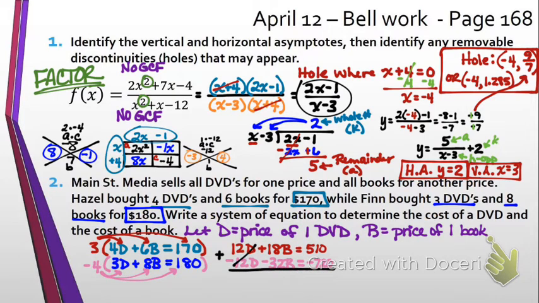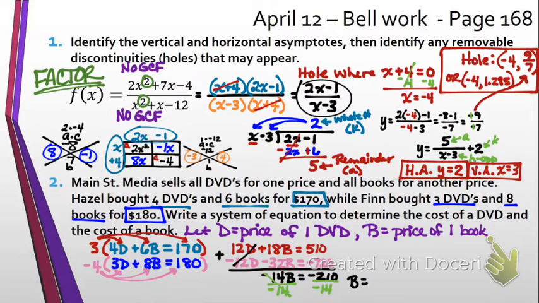The D's cancel. What's 18 minus 32? You said 14? Negative 14, okay. Equals 510 minus 720. Negative 210. And then I divide both sides by negative 14. You said 15? Negative 15.